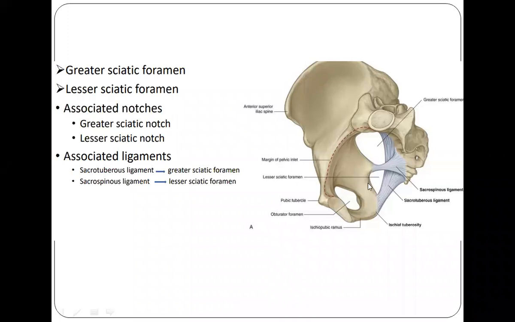In the living, you can see that the greater and lesser sciatic notch are actually converted into greater and lesser sciatic foramen with the help of two ligaments. You can just pay attention to this diagram. There is the sacrotuberous ligament and the sacrospinous ligament.